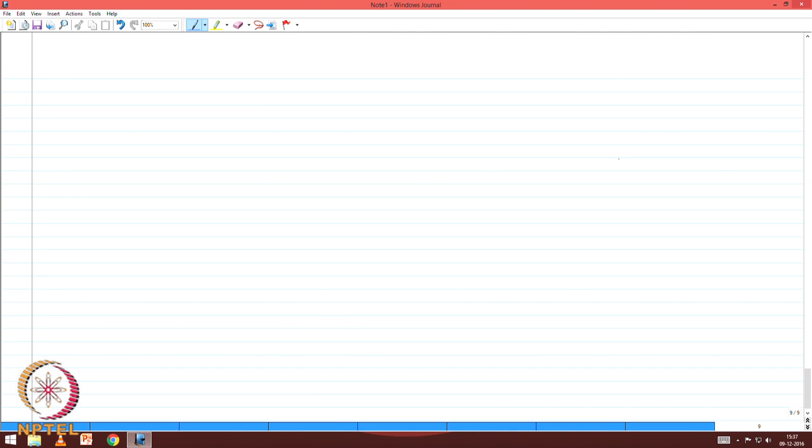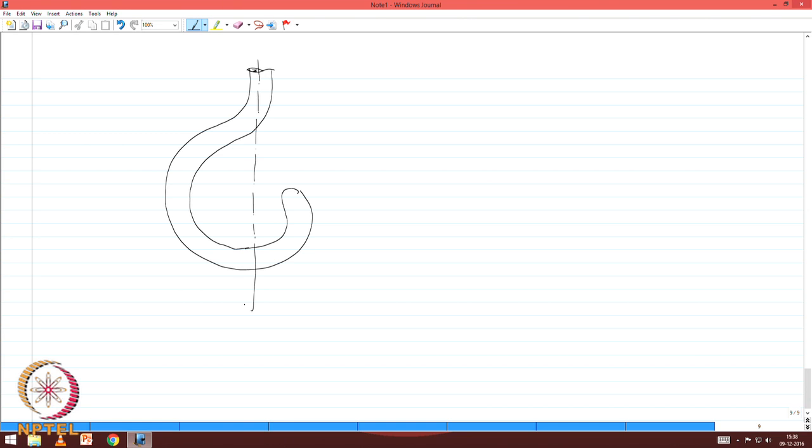Let us say the problem is interesting because the section is actually a crane hook which has the geometric center as indicated, and this radius is 70 millimeter.